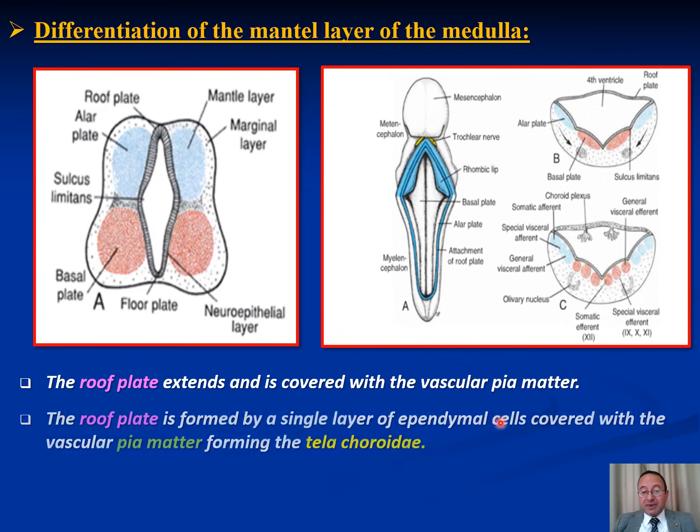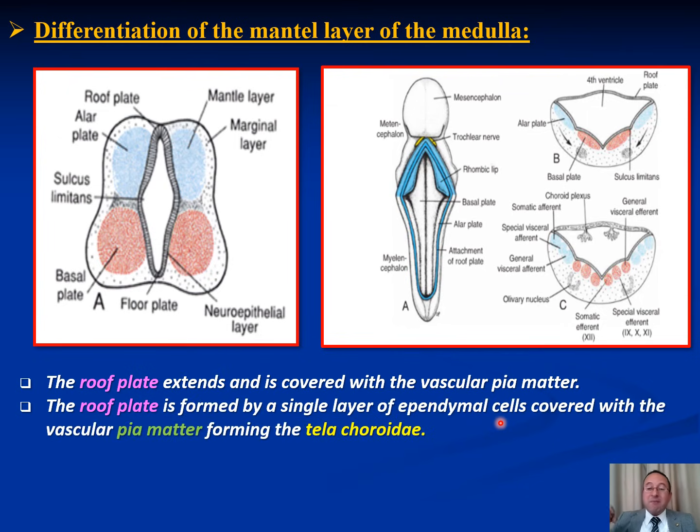At the same time, it becomes invaginated by pia mater, forming what's called the tela choroidea, which is a part of the structure of the choroid plexus of the fourth ventricle. As a result of stretching of the roof plate, look here at the basal lamina and alar lamina, which are the two components of the mantle cell layer.